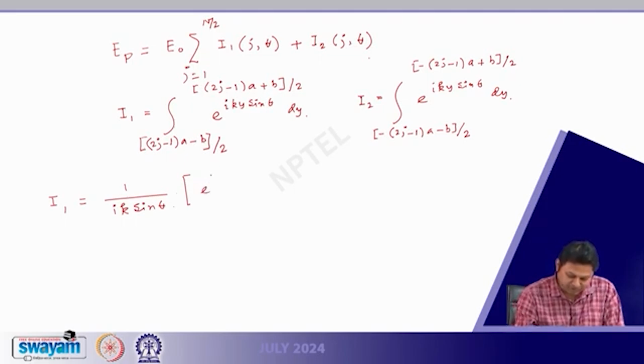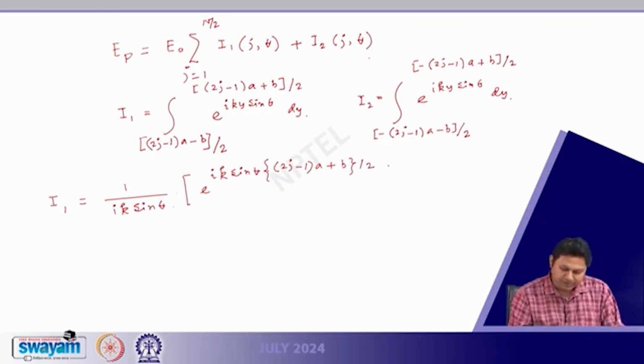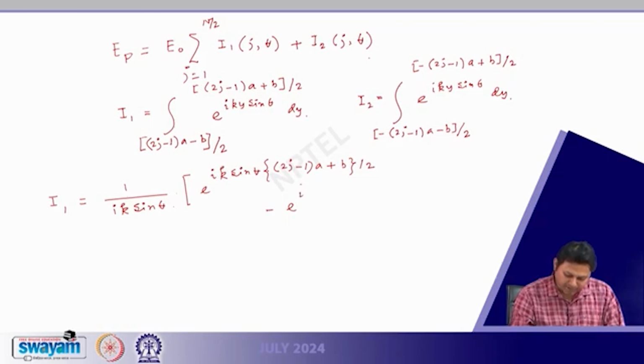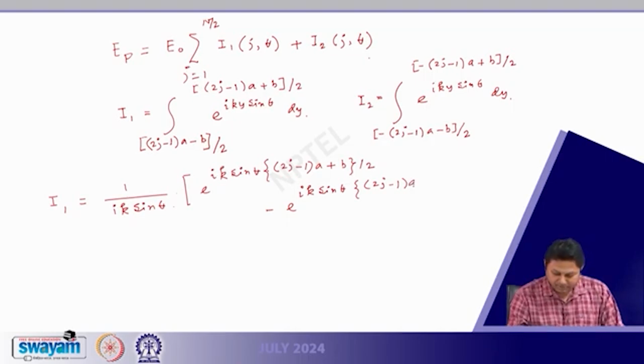Writing at a stretch, it should be e to the power of i k sin theta, which is common, times the bracket (2j minus 1) times (a plus b) divided by 2, that is one term, and another term is minus e to the power of i k sin theta times the lower limit, which is (2j minus 1) multiplied by (a minus b) divided by 2.